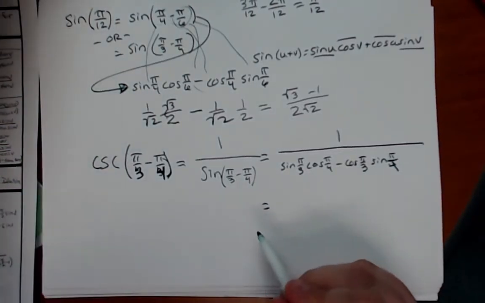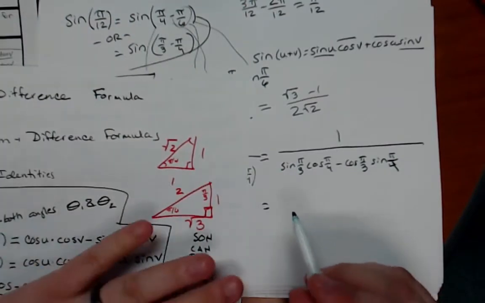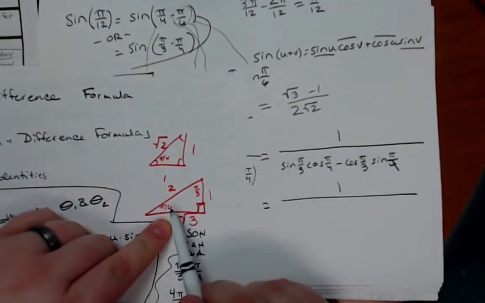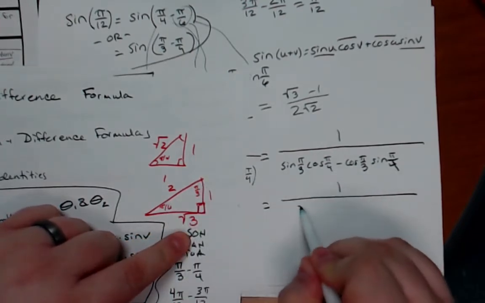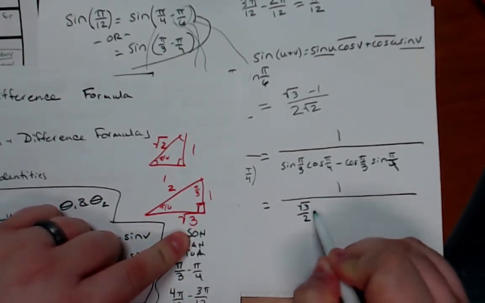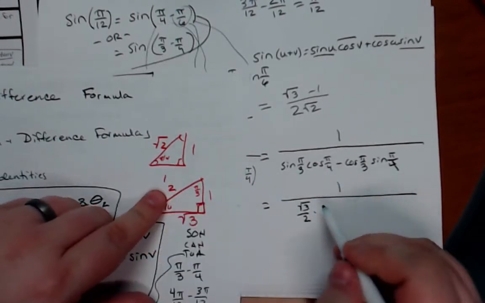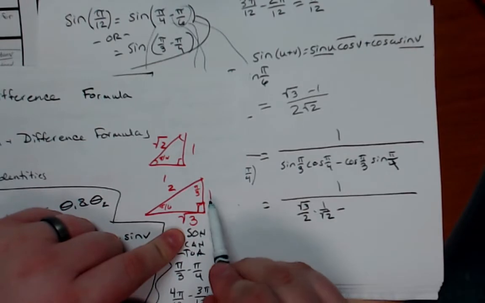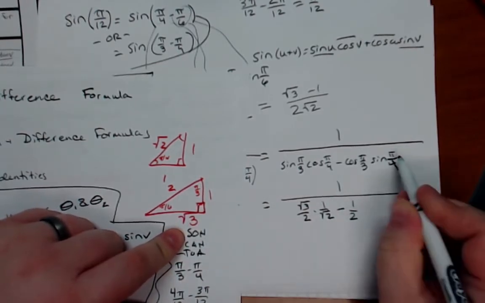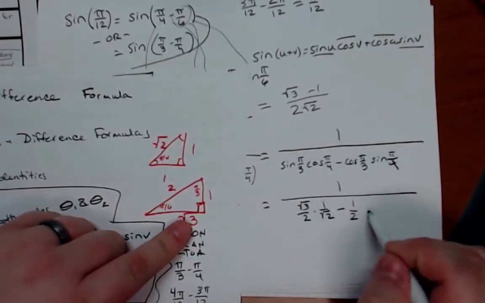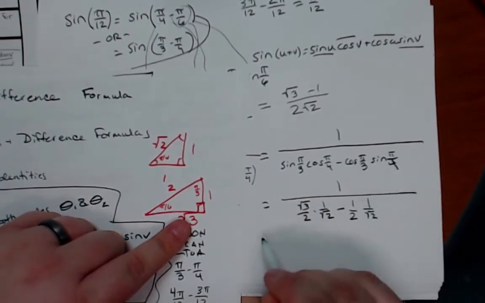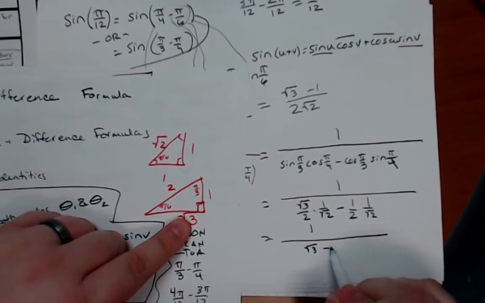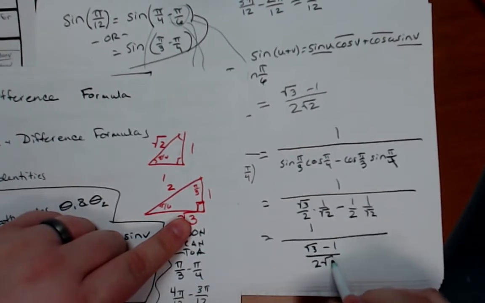Well, sine pi over 3, sine is opposite over hypotenuse, root 3 over 2, times cosine 1 over root 2, minus cosine of pi over 3, 1 over 2, sine pi over 4, 1 over root 2. Well, that's 1 over root 3 minus 1 over 2 root 2.